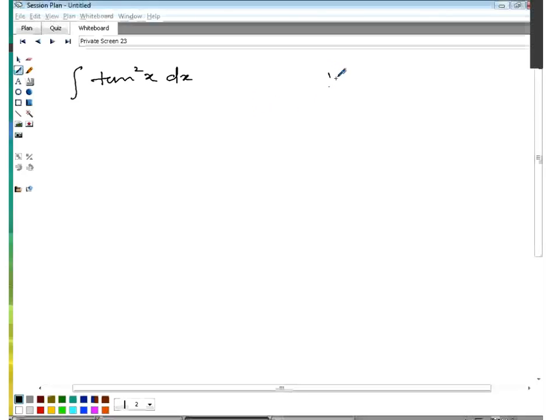The answer I have is tan x minus x plus c. If anybody needs a hint, raise your hand. The hint is tan square x is equal to sec square x minus 1. Try to do further on your own. If you need further solution, raise your hand again. I suppose we can move on.